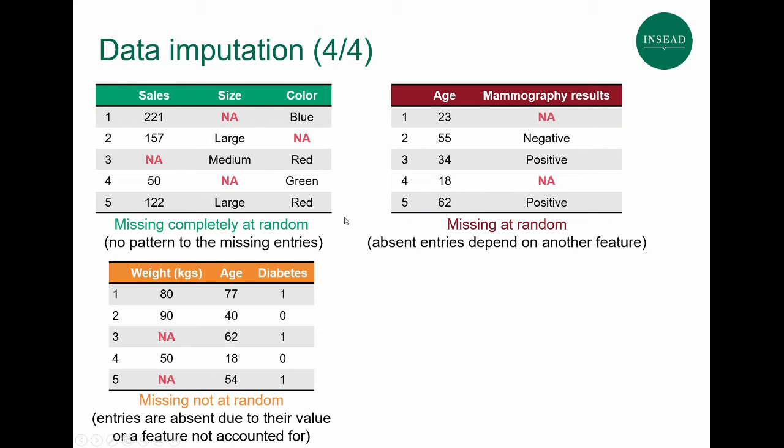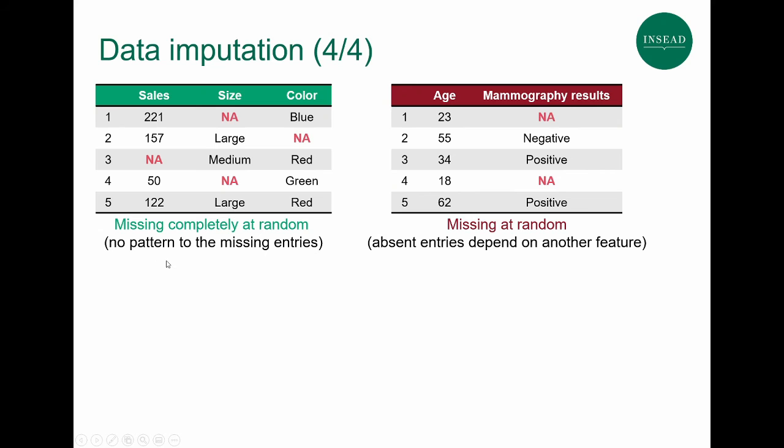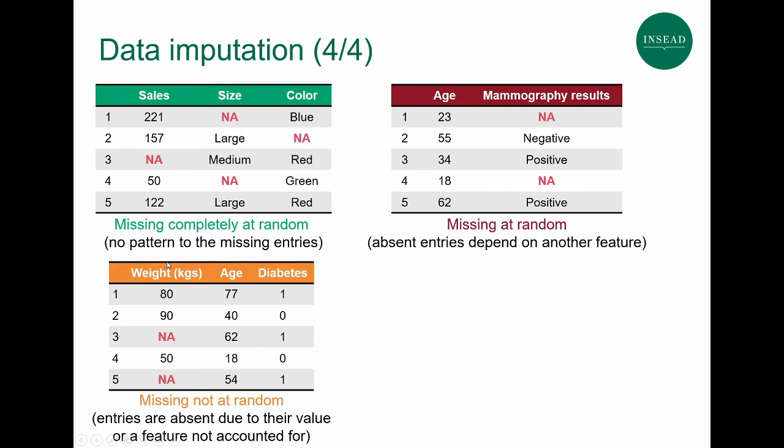And then finally, we have missing not at random. And this is the most complicated situation to deal with. So here, for example, consider the following. You have weight, age, and diabetes as your columns. Each row is a patient. Now, if you take a look at this, you'll see that here we have the weight that's missing.